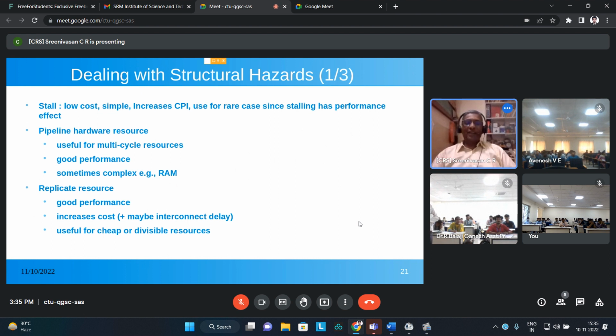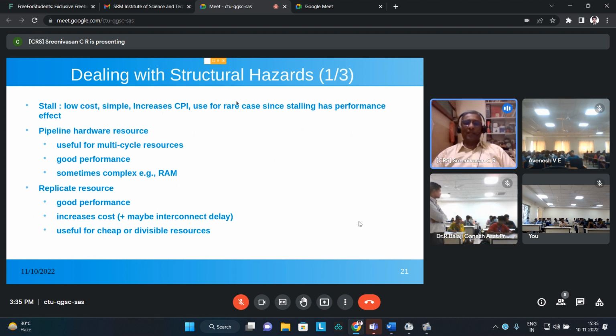Okay. So dealing with structural hazards, it's low cost, simple, and increases the CPI, the cycles per instruction, right? And this is normally a rare case.